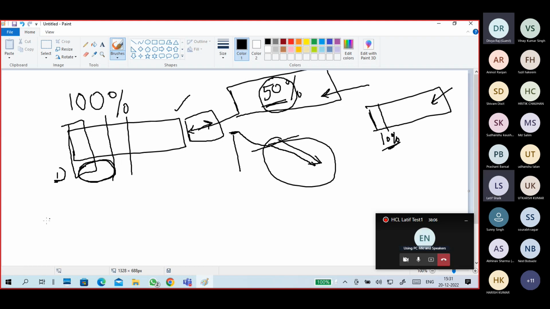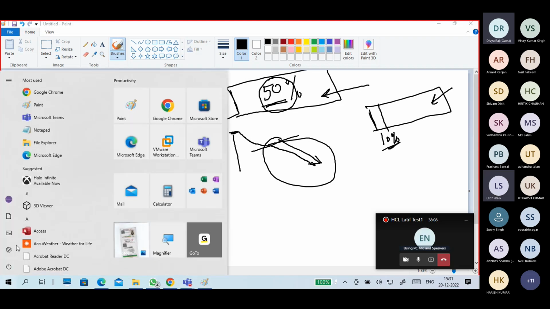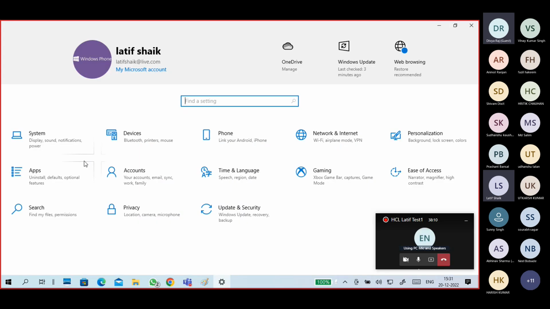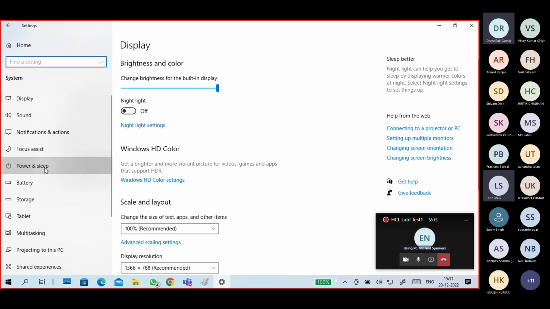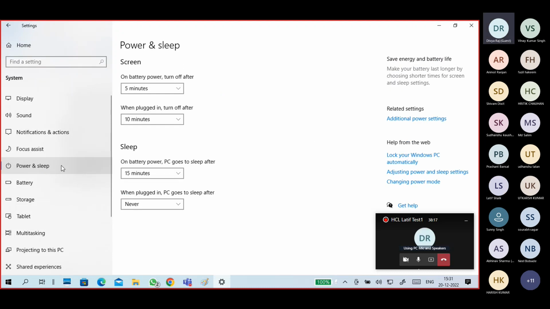Next one is power management. You can go to your settings, system. This is the power and sleep management.